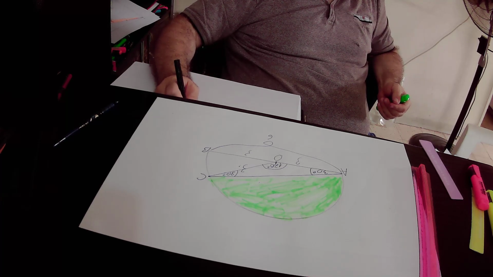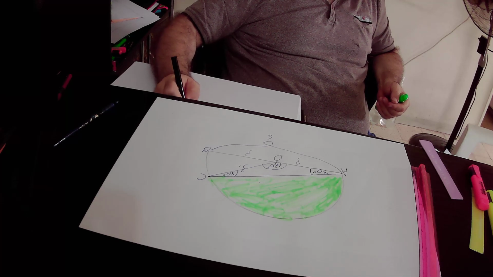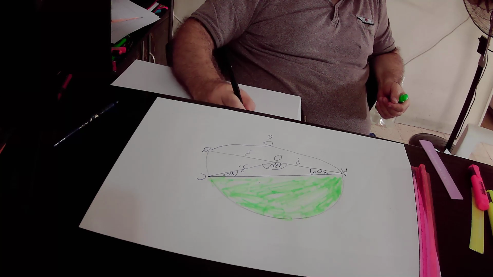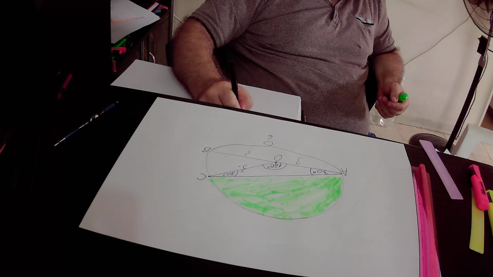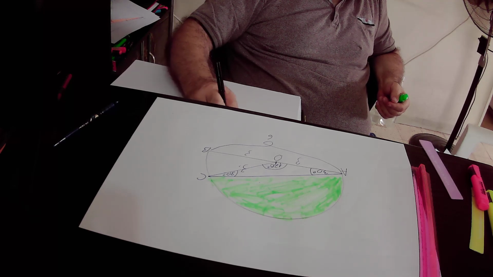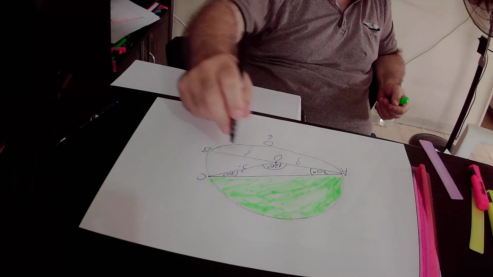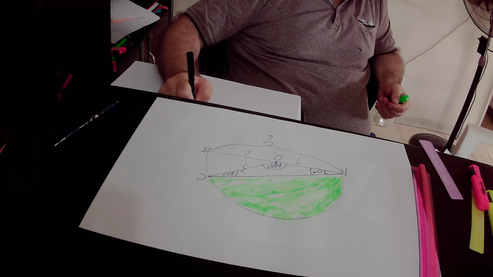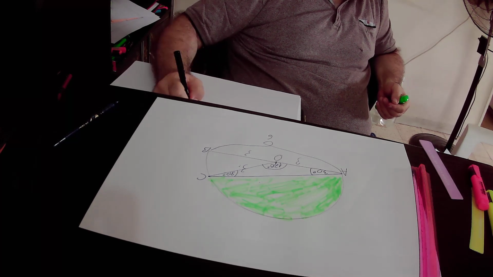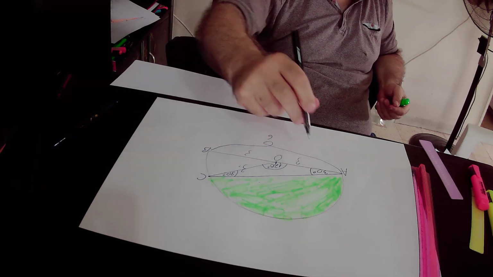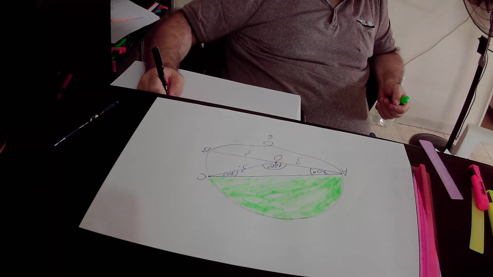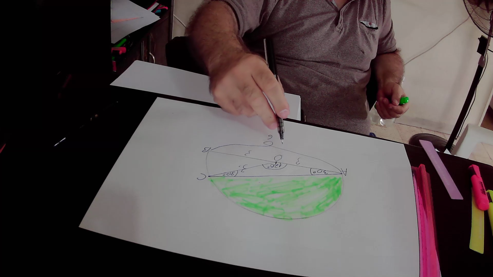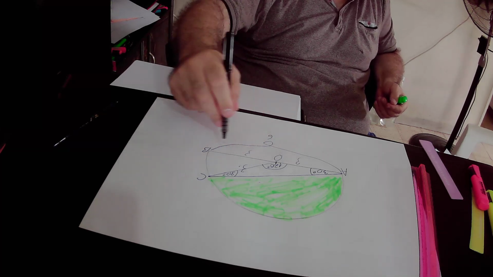We have another way to find out the area of the green shape. What is the area of the green shape according to the second method? It will be equal to the area of the semicircle minus the area of triangle AOC minus the area of sector COB.